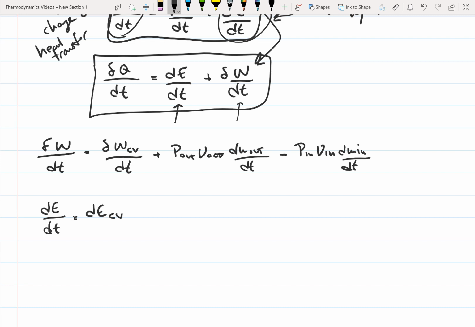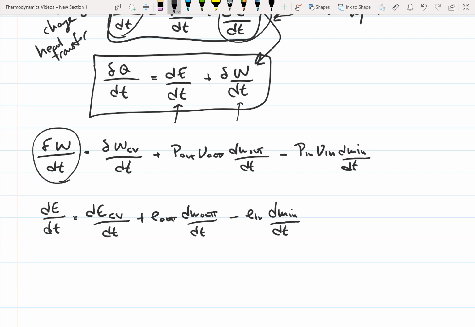This is the change in energy in the control volume, dt, plus E out dm out dt minus the energy in dm in dt. So what we're going to do is put these into this equation.